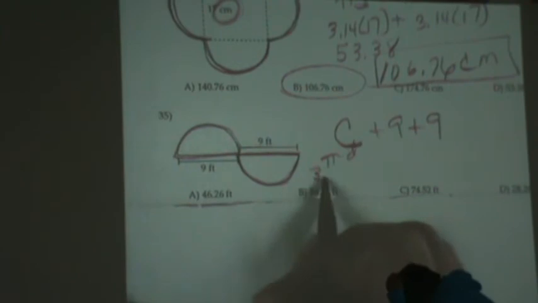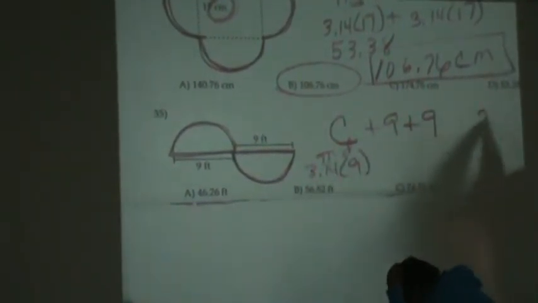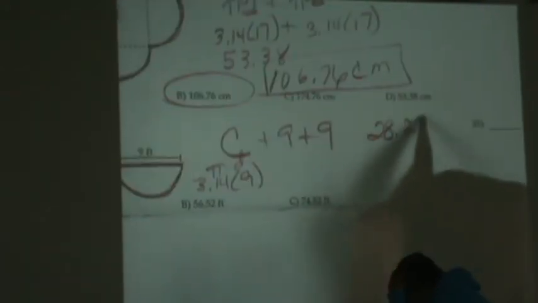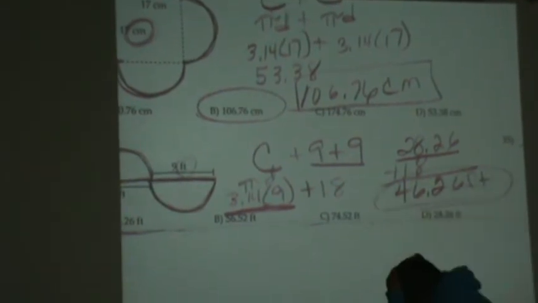We know the diameter, so we use pi times diameter. 3.14, diameter is 9. So we have 28.26 is this part, plus 18 more. 46.26, what is our unit? Feet. 46.26 feet.